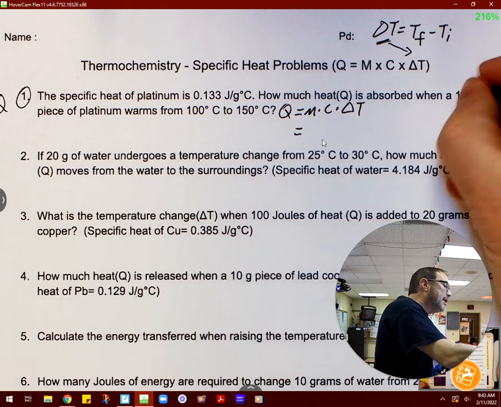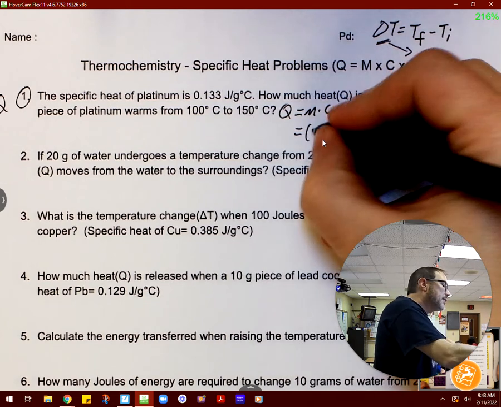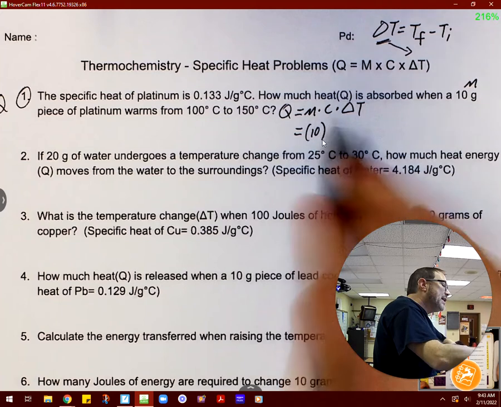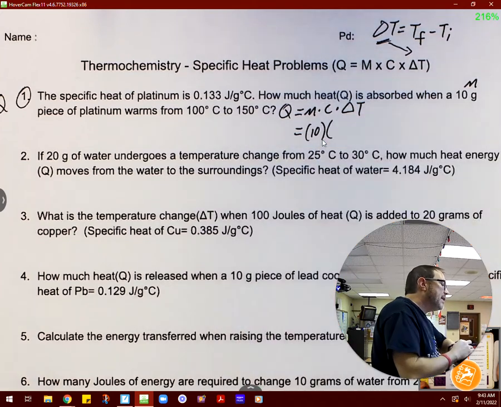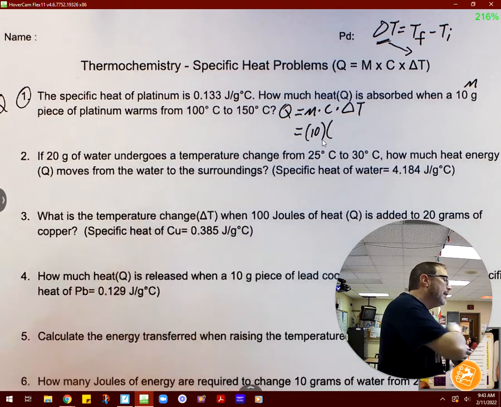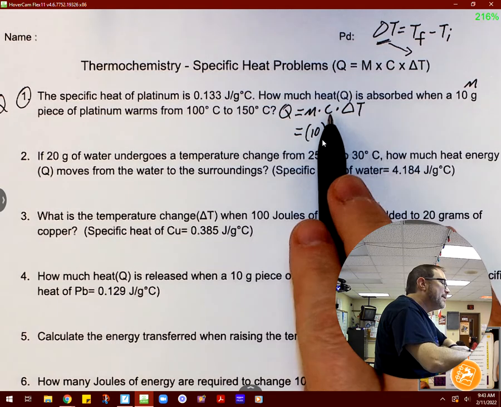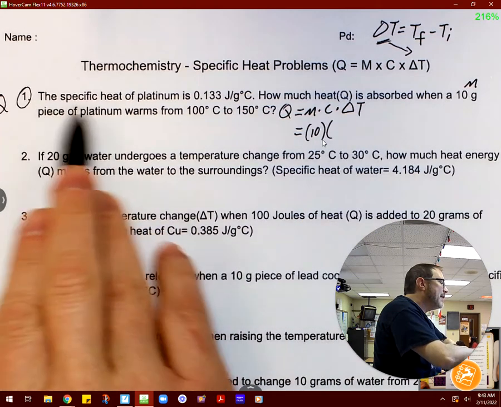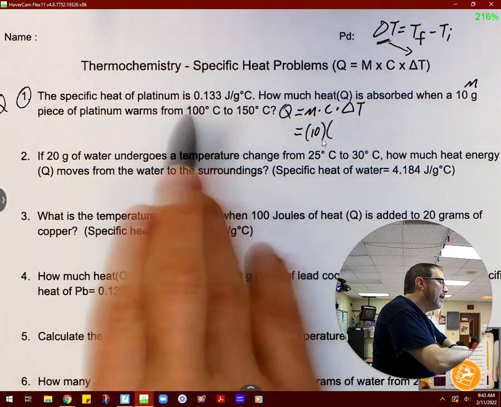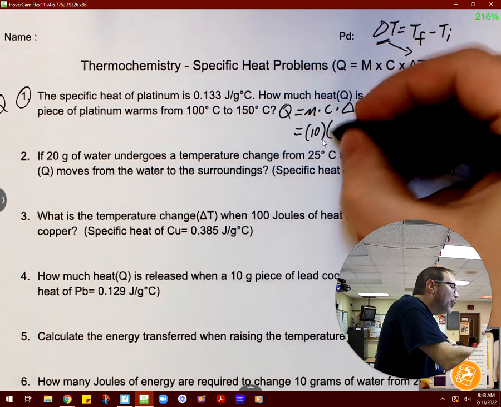Mass is measured in grams, so that's my mass. It's going to be 10. C is my specific heat, so what's the specific heat in this problem? That is not what that says. The clue there when I'm asking what's the specific heat is this part that says the specific heat is. Yeah, context, my guys. Okay, so 0.133.